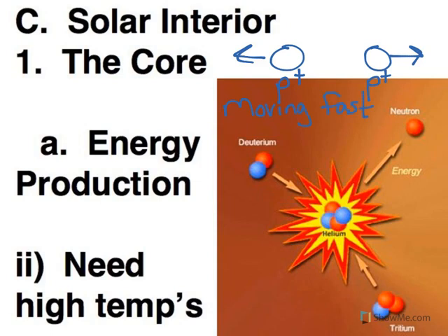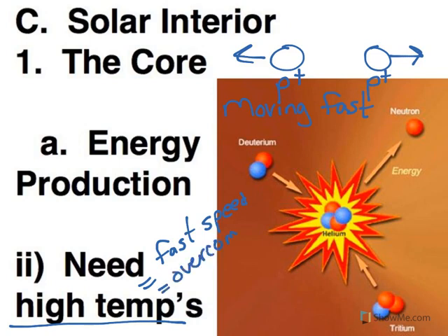Because the faster they move, the more likely they are to actually collide and not repel. And the way you get them to move fast, you make them very, very hot. So these high temperatures mean fast speed, which means it can overcome the repulsion.